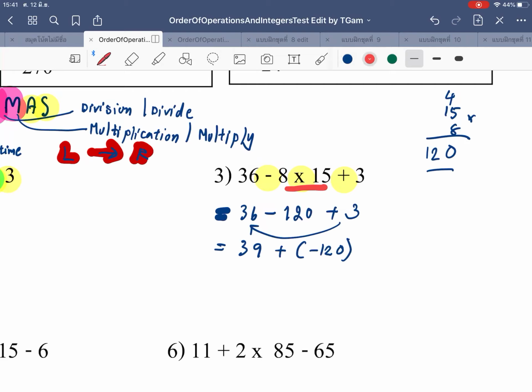Then to think about the solution, you take 120 minus 39. 0 cannot borrow from 2 to have 1 left, so you have 10 minus 9 is 1, and carry here is 11 minus 3 is 8, and 120 is negative, so the final solution must be minus 81.